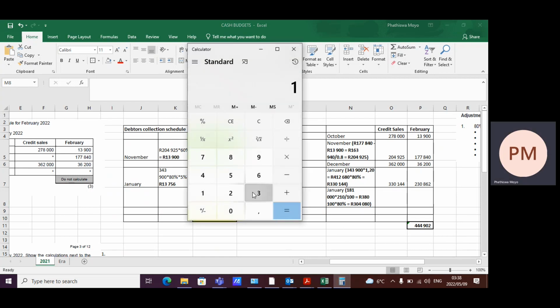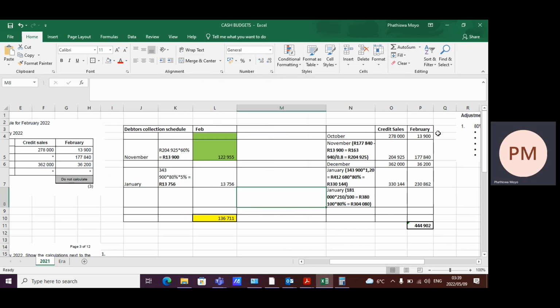That is correct. Which is 8,900. 0.05. It is 3,900. It's given there.